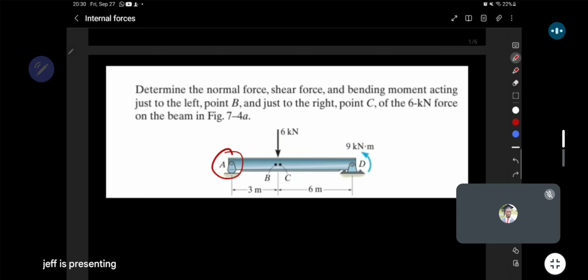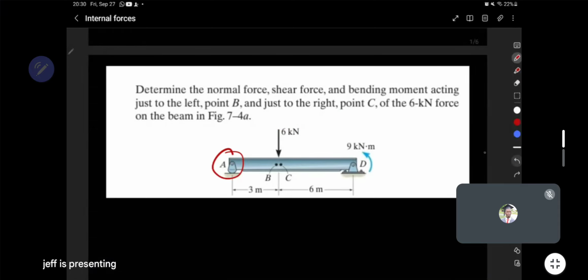At A, we have a rocker in place. Then there are two points which have been labeled point B and point C, and somewhere between them you have that 6 kilonewton force applied.